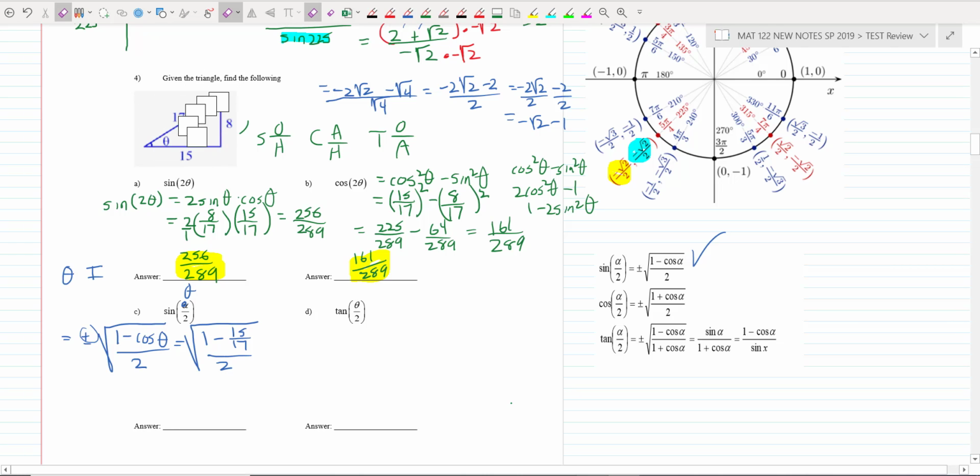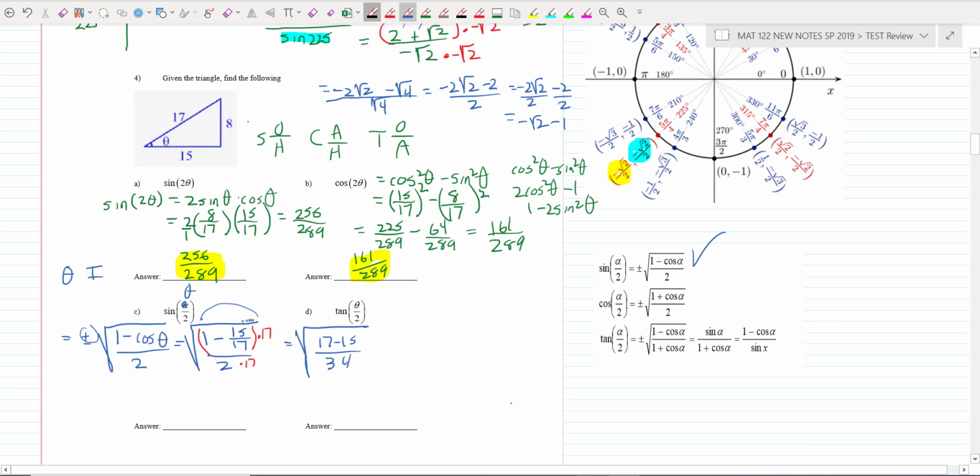We go under the radical, and what we're trying to get rid of is this 17. So we're going to multiply by 17 over 17, and then what we're going to have is the square root of 17 minus 15 all over 34.